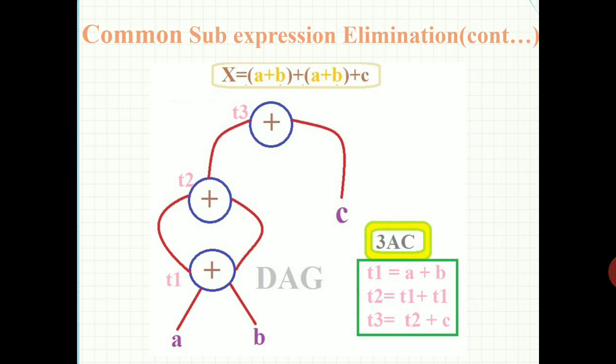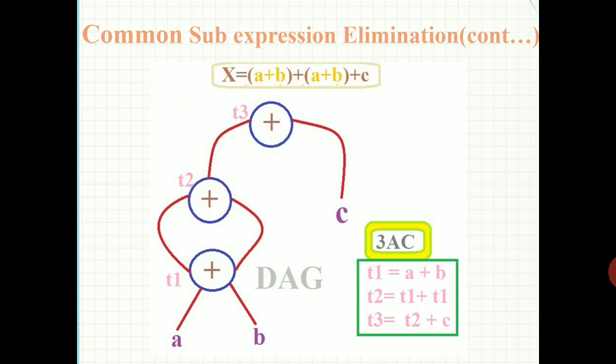If we generate 3-address code from the DAG, you can assign temporary variables to each and every non-terminal, that is, each operator node. First you assign T1 to one non-terminal, then T2 to another, T3 to the next, and we get the 3-address code. This is how the 3-address code is generated from the DAG.